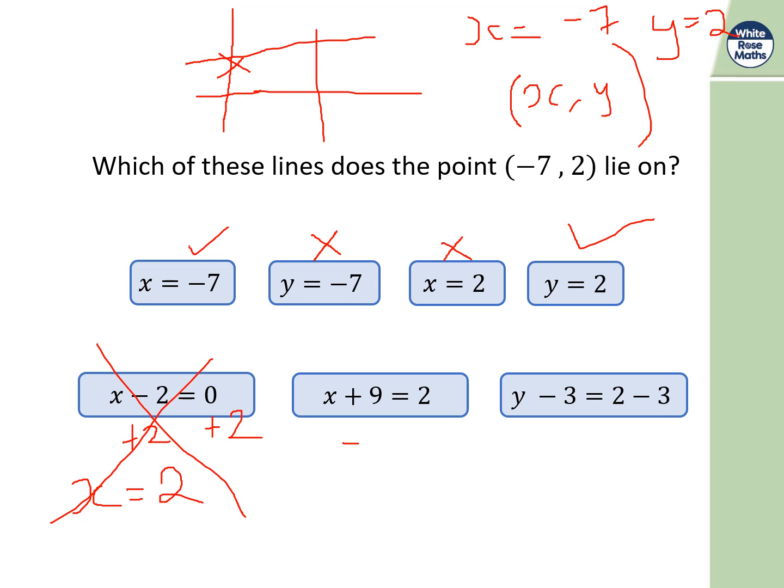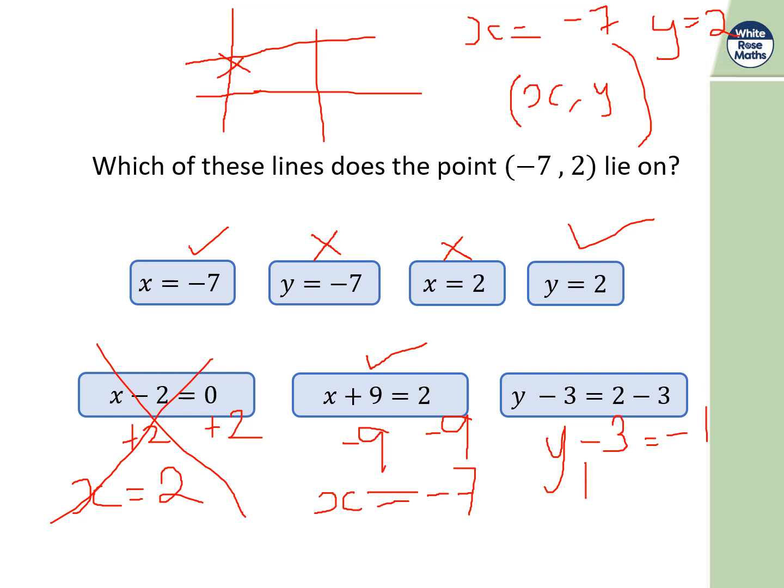This one, if I subtract 9 on both sides to balance it, I get x is equal to 2 subtract 9, which is negative 7. So x is equal to negative 7, so that is true. That would lie on the line. This one here, y subtract 3 is equal to 2 minus 3, which is minus 1.